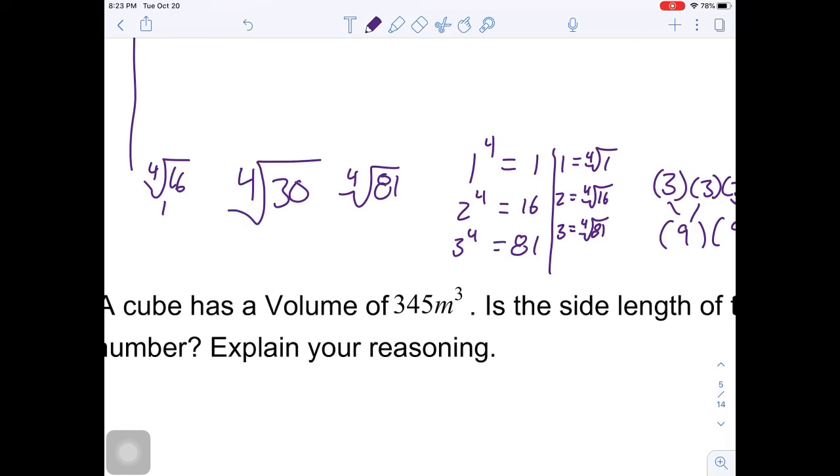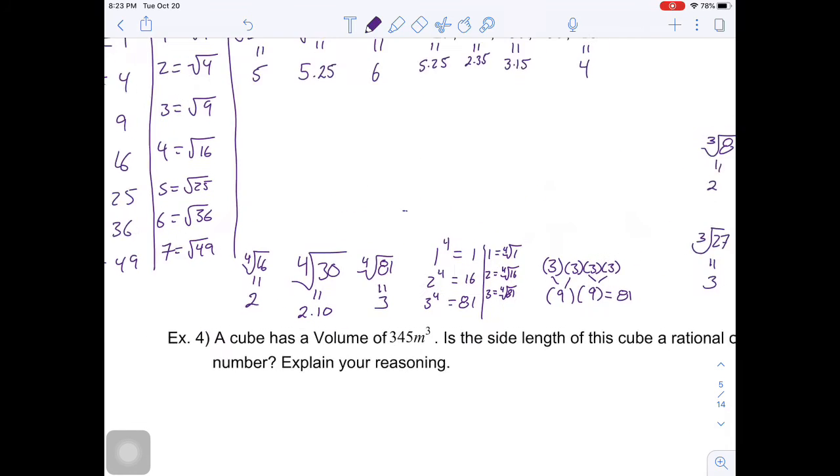Much, much closer. So the fourth root of 16 is 2, and the fourth root of 81 is 3. Since 30 is much closer to 16 and it's well below the middle line between 16 and 81, I'm going to estimate this to be roughly 2.10.